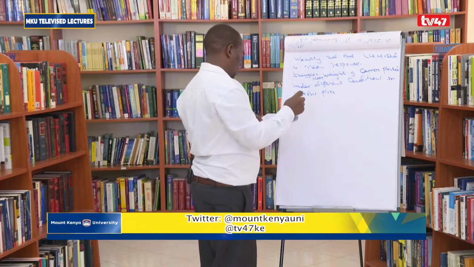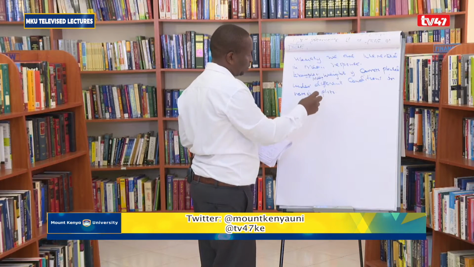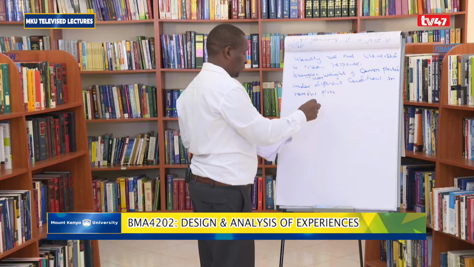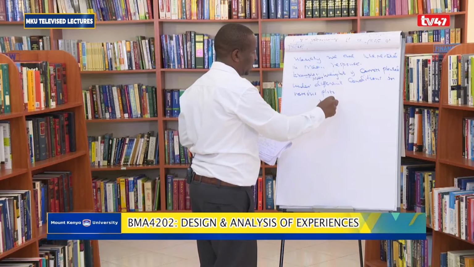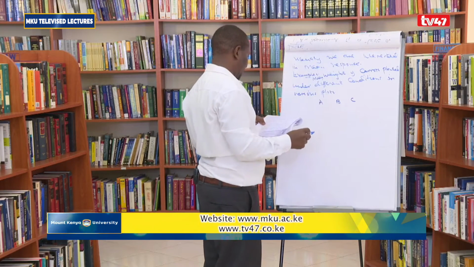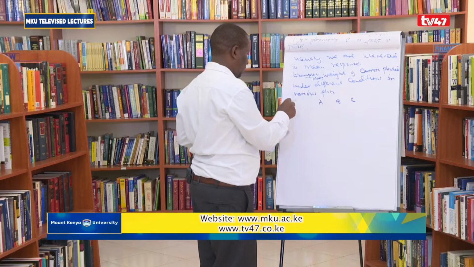So we can put this one in this form. Say we have 3 varieties of carrots, or fertilizers. Let these ones be fertilizers.